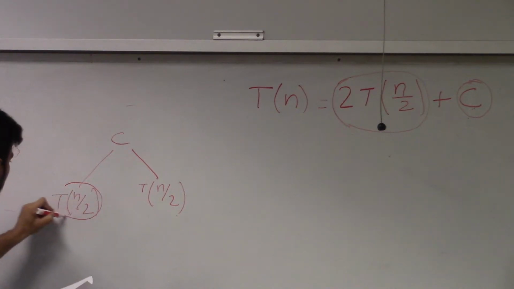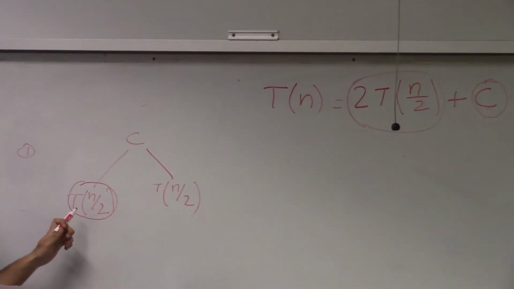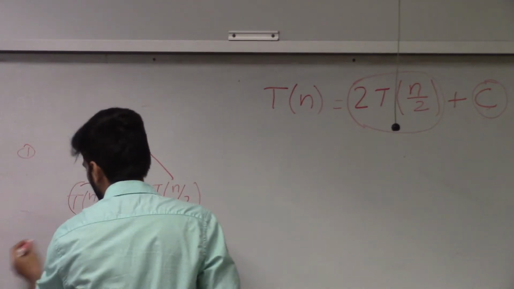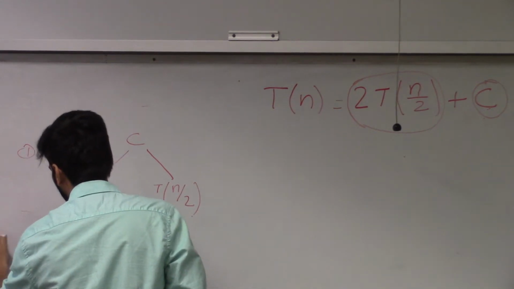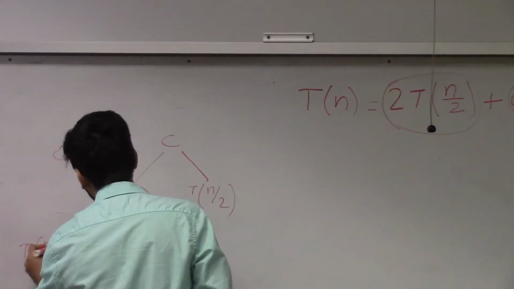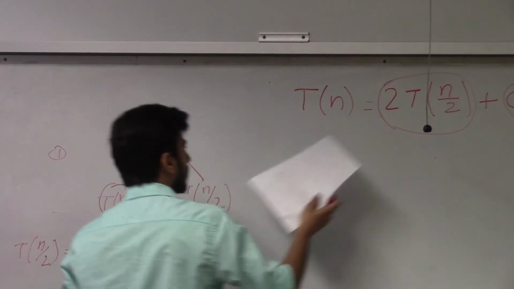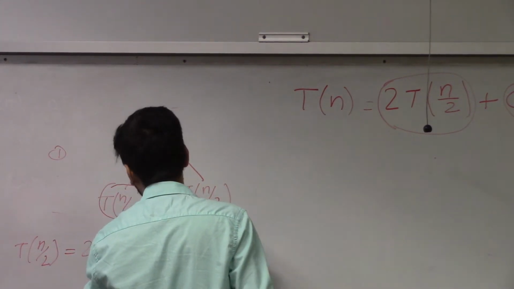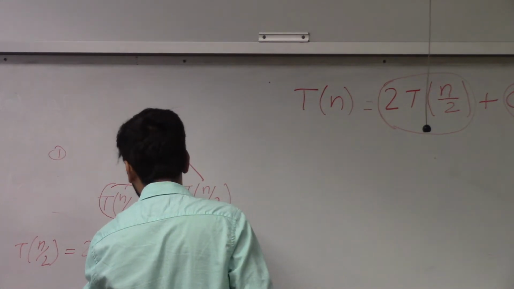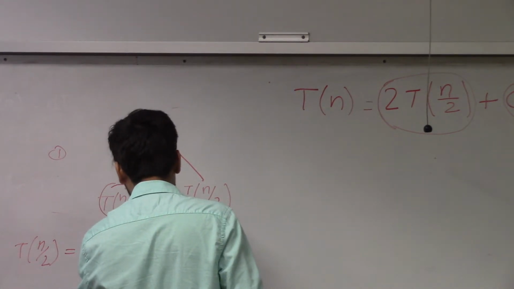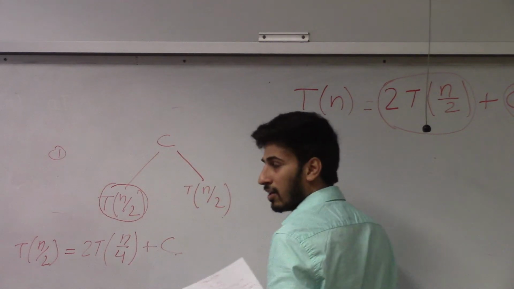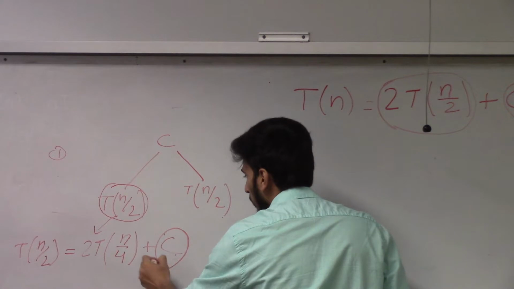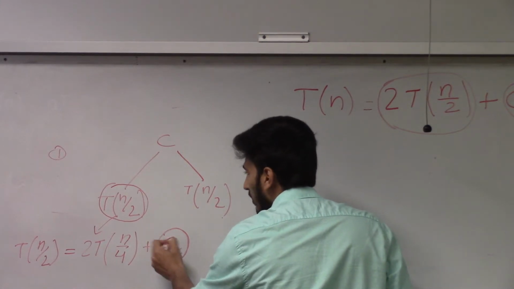Then this work becomes a constant work, right? Then this equation will become this. T of n upon 2 we have to put here. So 2T of n upon 4 plus C. For this equation, this is the total amount of work, constant.